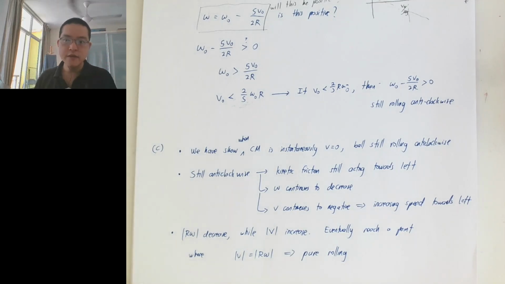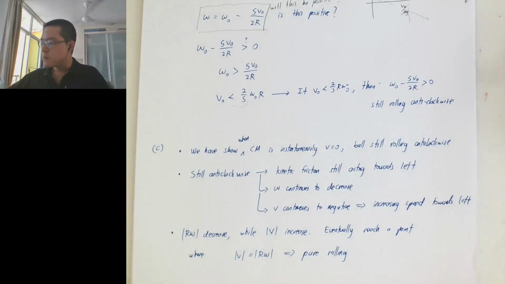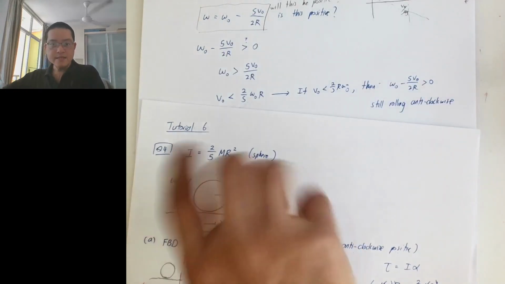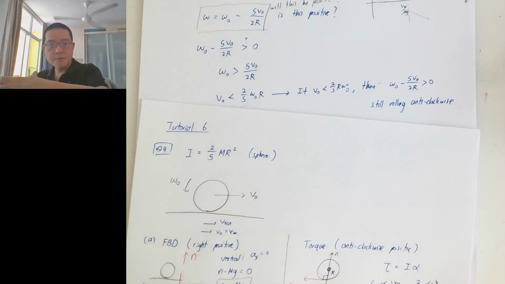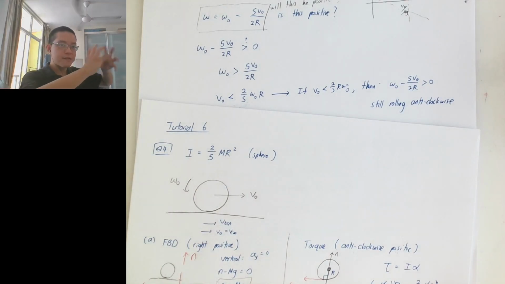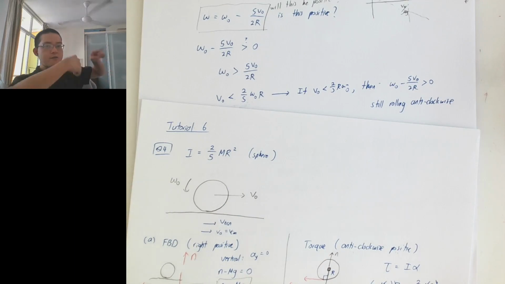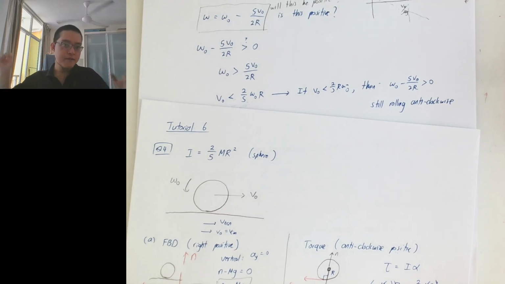So what happens is we are throwing a ball that is spinning in the wrong direction. Because of the friction, it will scrape the floor and then it will continue to spin back.